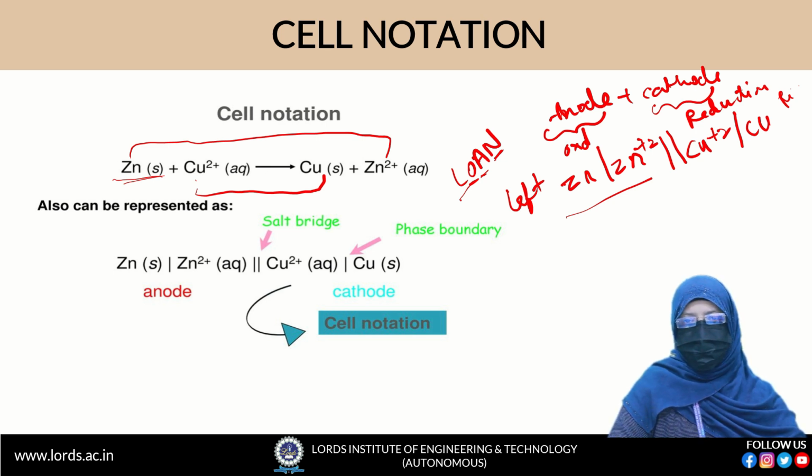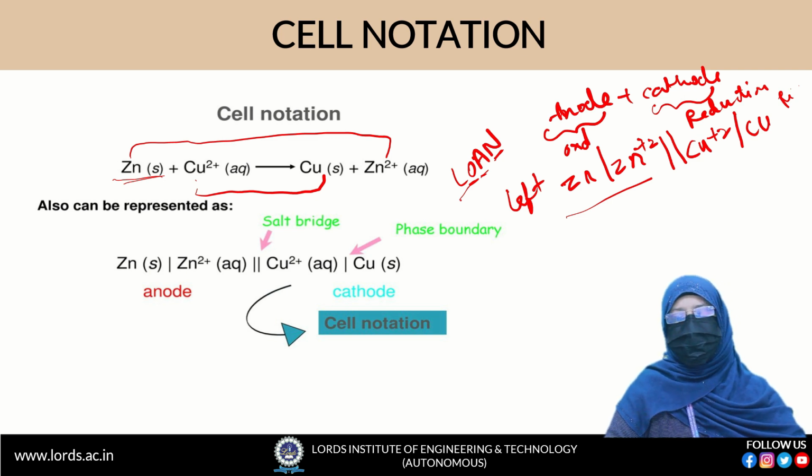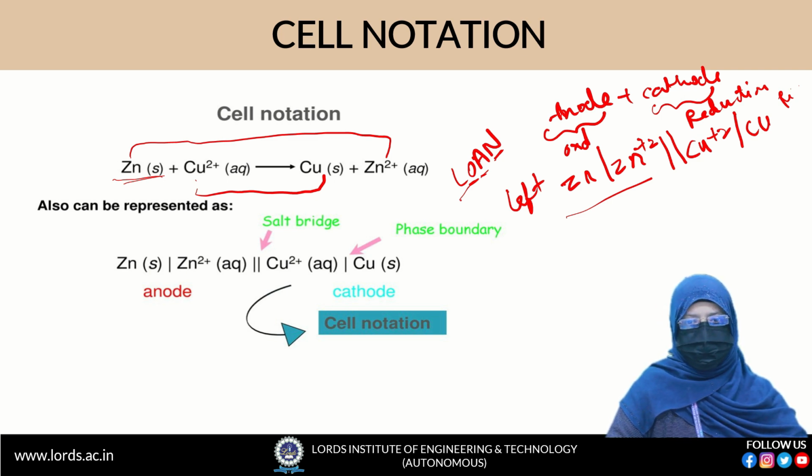On the right side it is completely opposite, reduction takes place. There we find the cathode, and it has the positive charge. So that is the representation of the cell. By seeing the representation of a cell, we can say what is the anode and what is the cathode, where oxidation takes place and where reduction takes place.